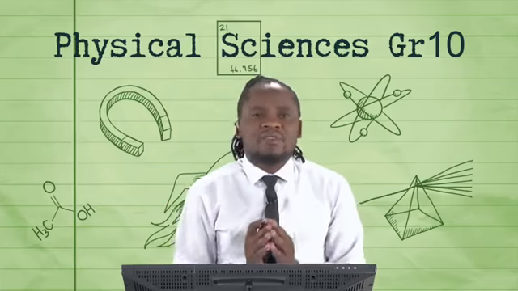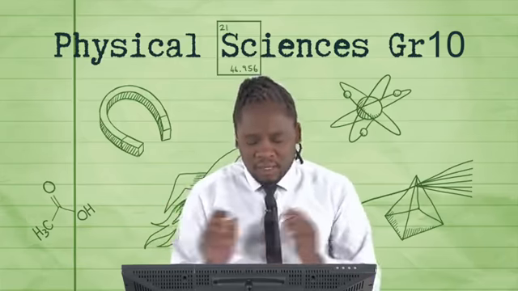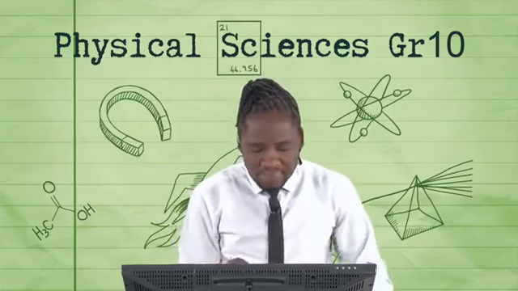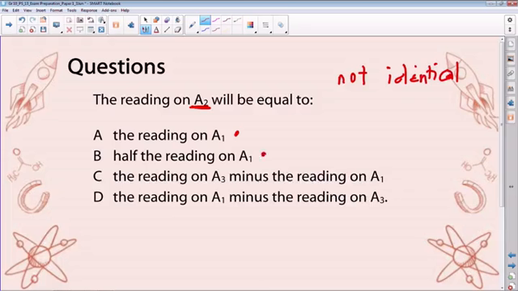The other two, we shall refer to as distractors. So in this case, because they are not necessarily identical, we would want to think of this one as a distractor. And then let's look at B, half the reading of A1. Because we're not given the magnitude, this cannot be entirely true.